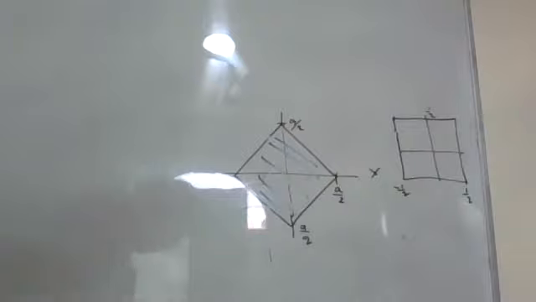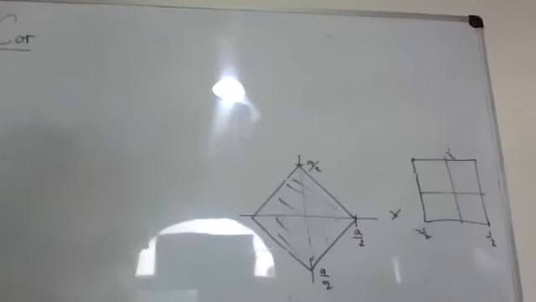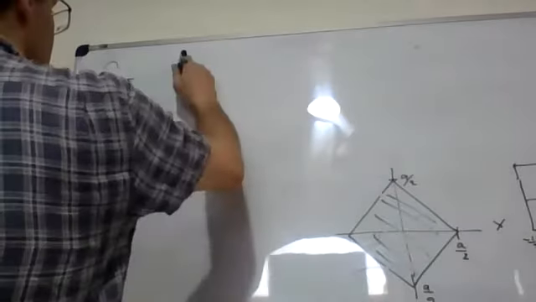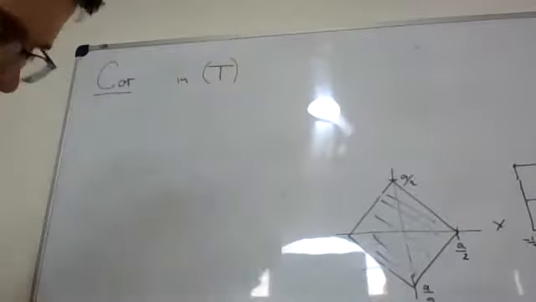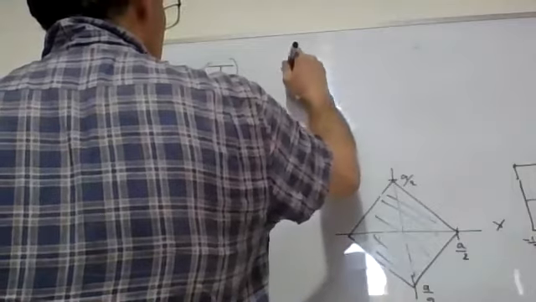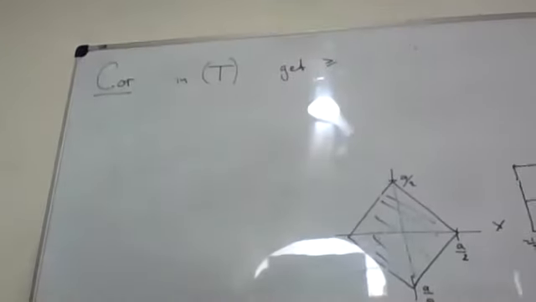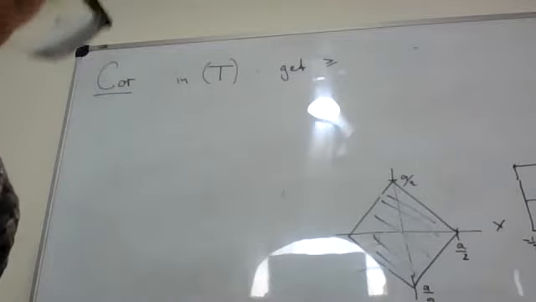Okay, so corollary. In the table, maybe I show you the table again. So we get bigger or equal means that we can realize the answers in the table, right?